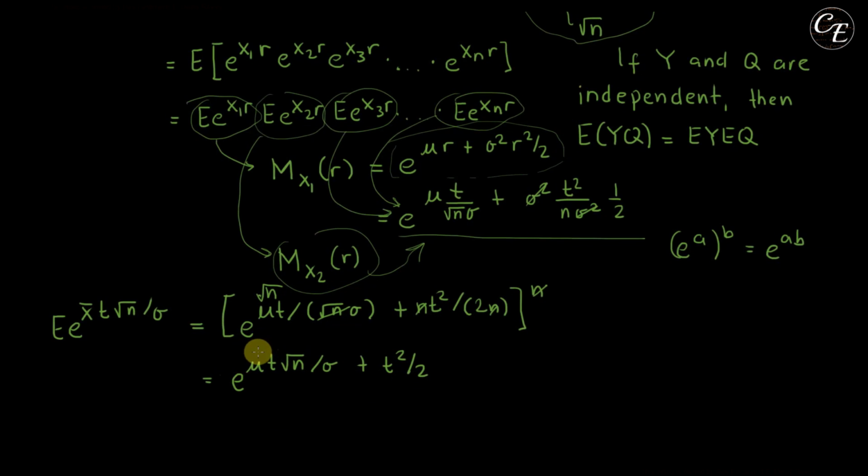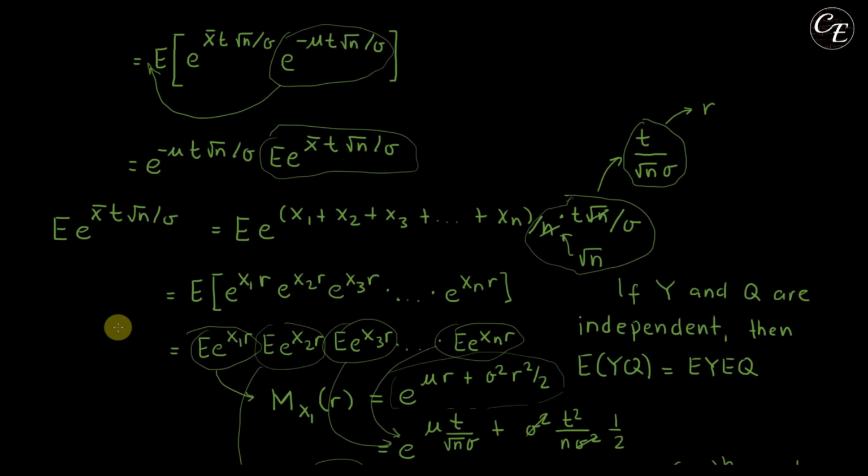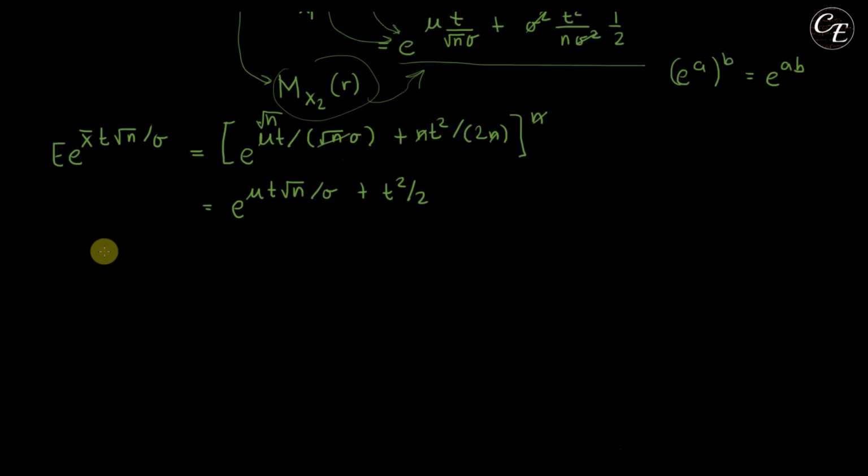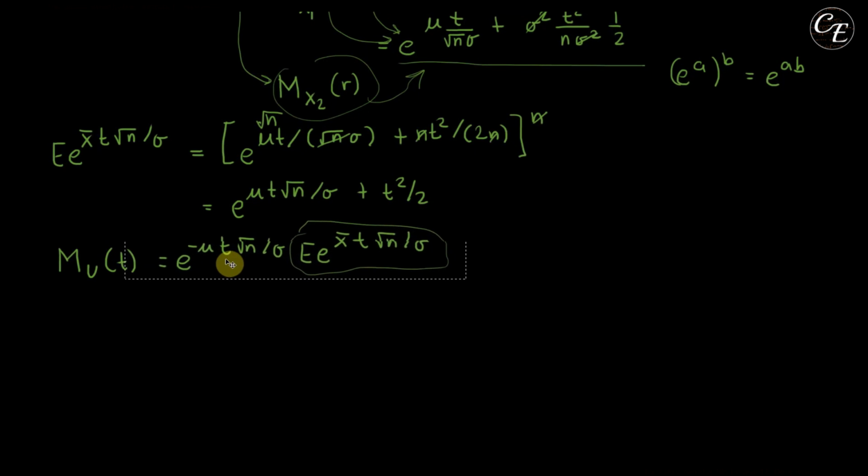And now we can use this expression in here for this in here. So let us copy this. So we have here our moment generating function for u is equal to this term. So we can just replace this by this expression in here.